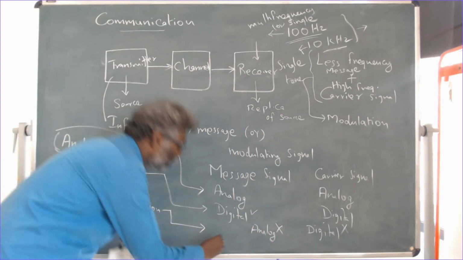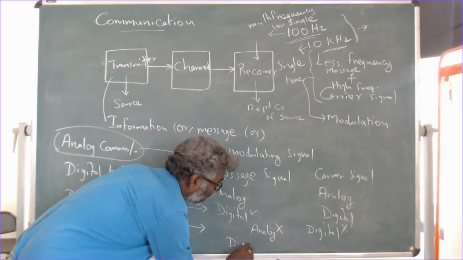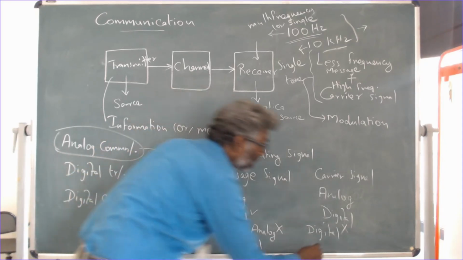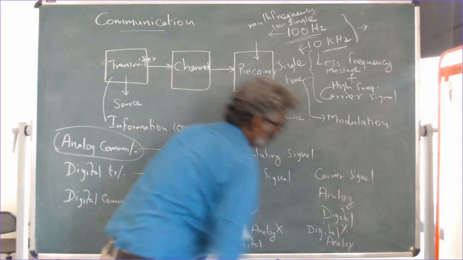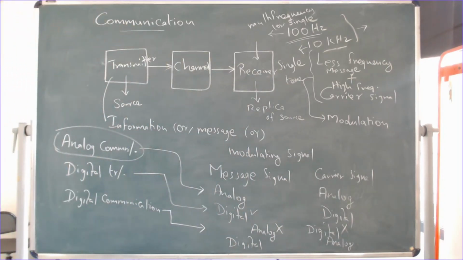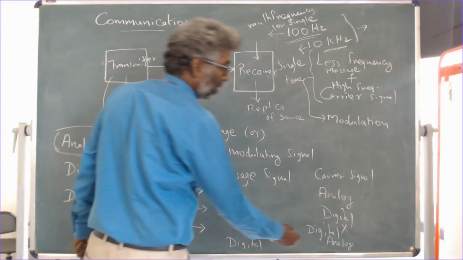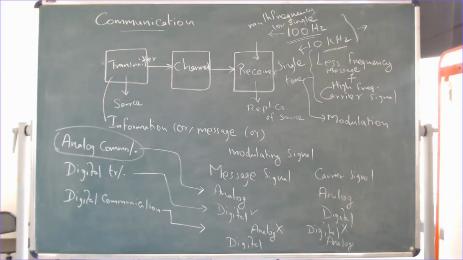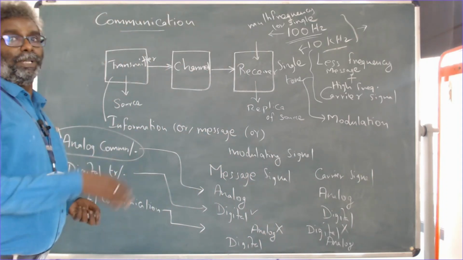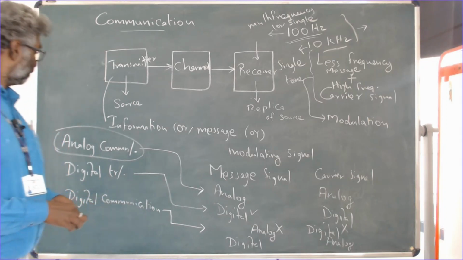Vice versa, we prefer a digital message and an analog carrier. Because of the digital message, the accuracy will be increased, and because of the analog carrier, the signal is able to reach the destination through free space propagation.